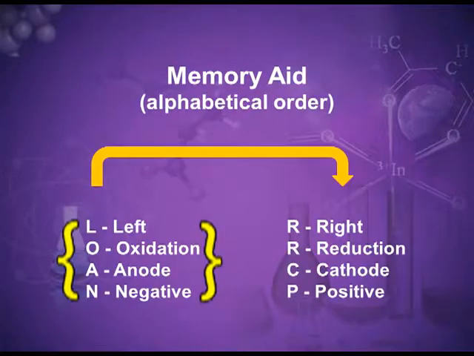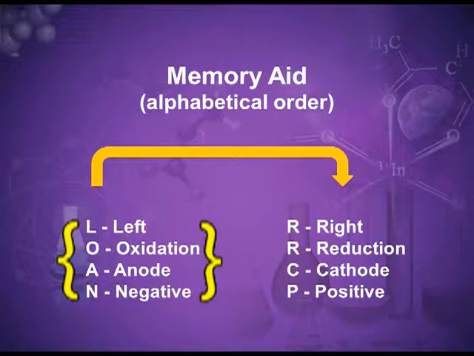Now it is very clear that on the left hand side the loss of electrons takes place. The loss of electrons is known as oxidation. Oxidation takes place at anode and anode is the negative terminal. Just reverse everything and you will get the other side, that is the reduction side.